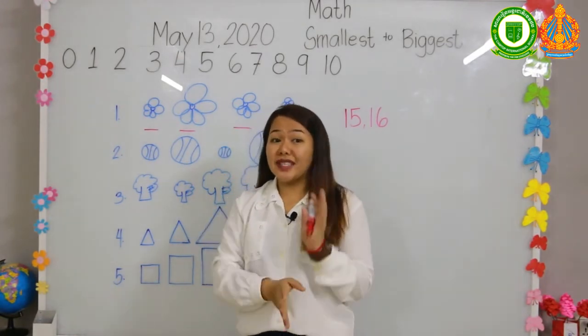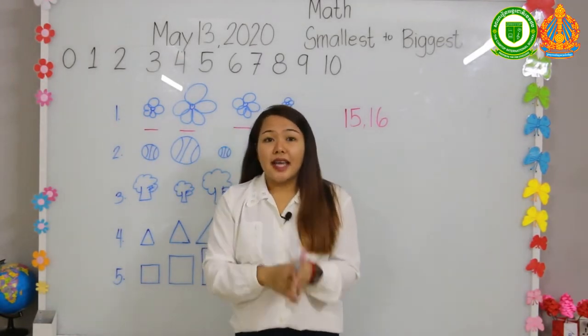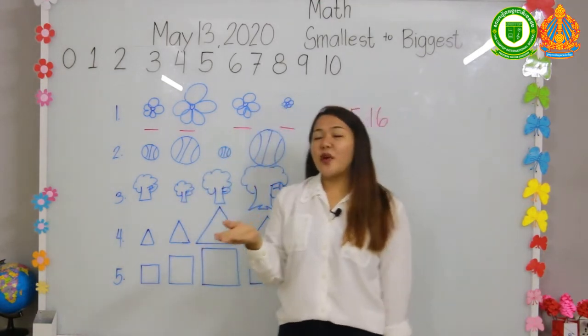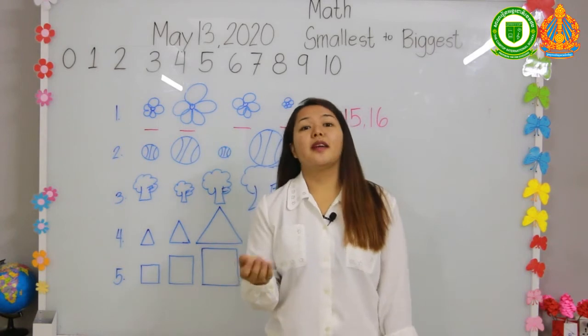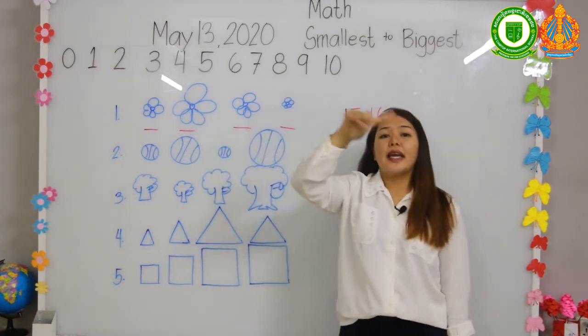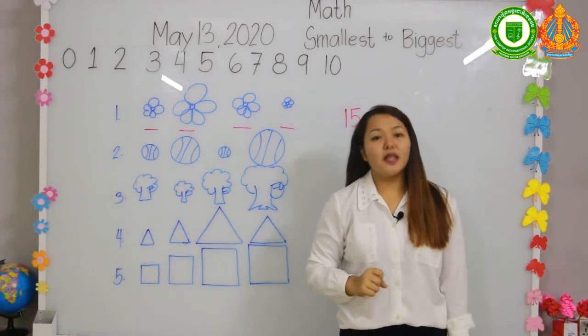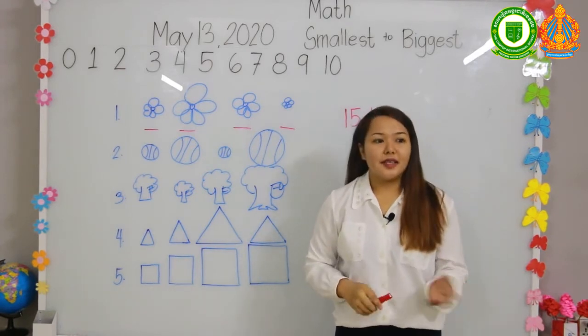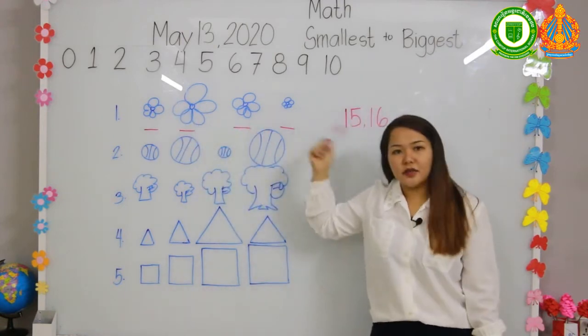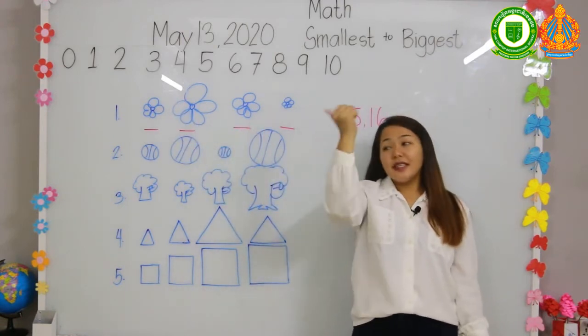I'll give you 3 seconds to say your answer. So which one do you think is the smallest? So that's number 1. Use your finger and point anywhere on your screen which one is the smallest. Is it this one, this one, this one, or this one? I'll give you 3 seconds.